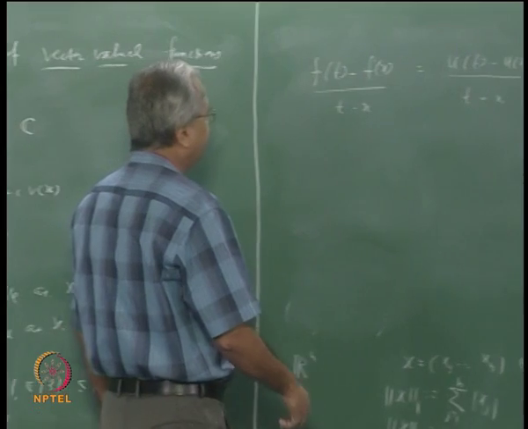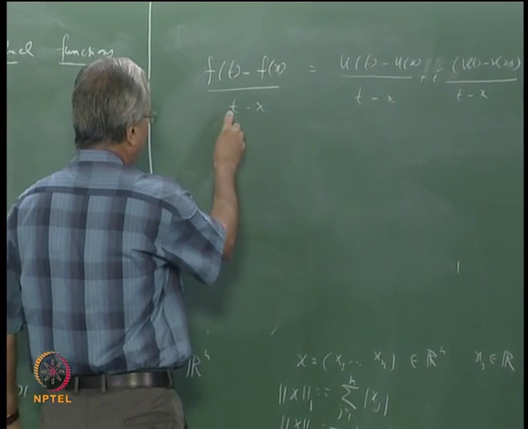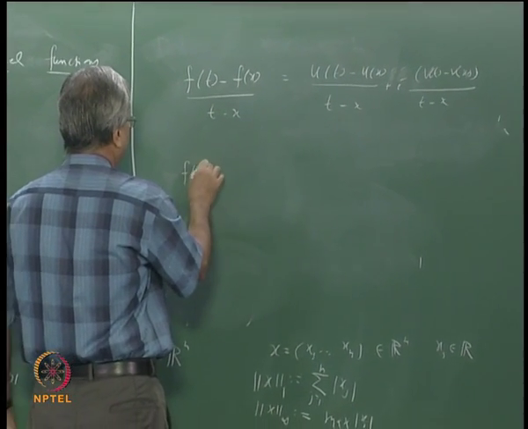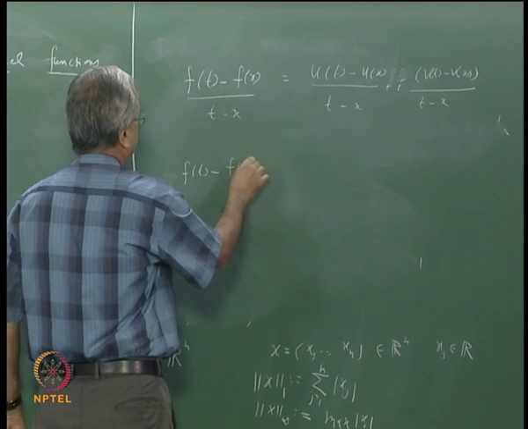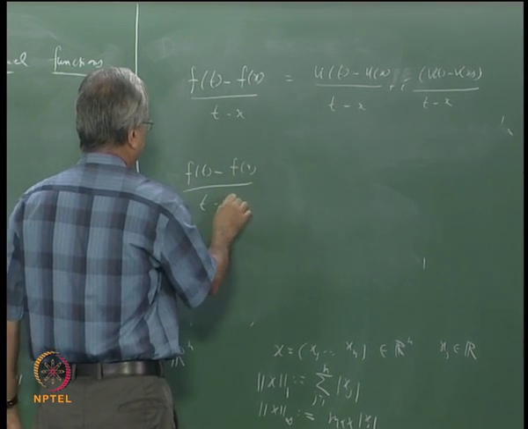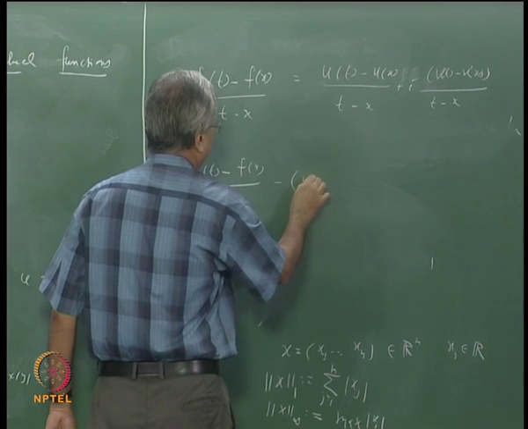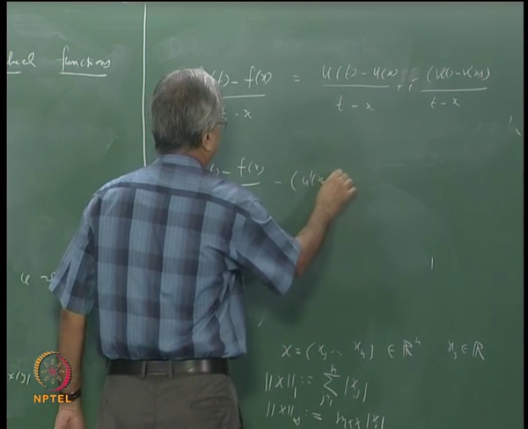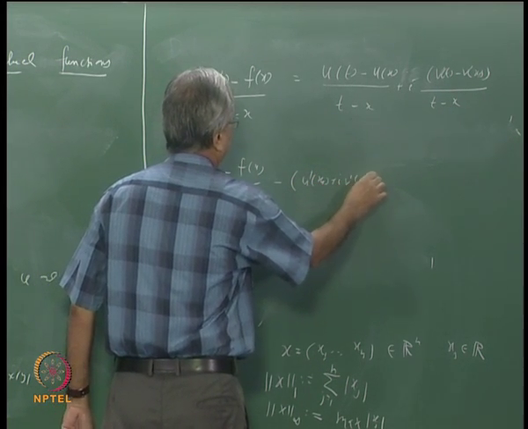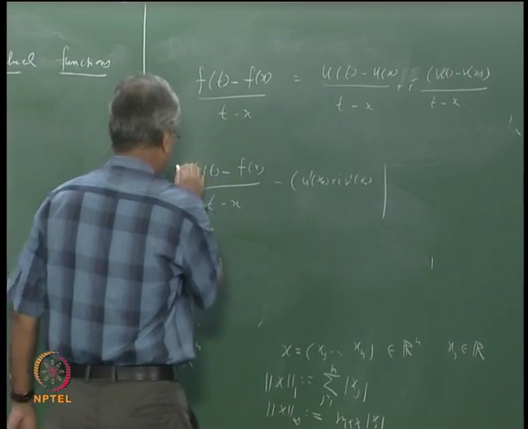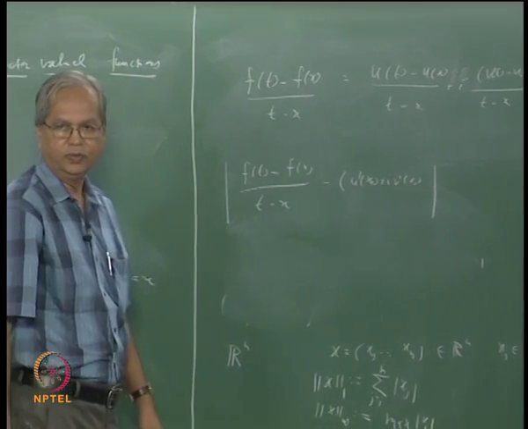So what we can say is that suppose you take this fraction f(t) minus f(x) divided by t minus x, and let us say minus this u prime at x naught plus i times v prime at x naught, and suppose you take the absolute value of this.